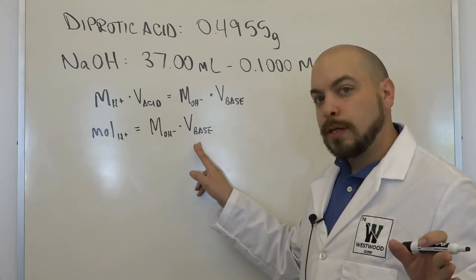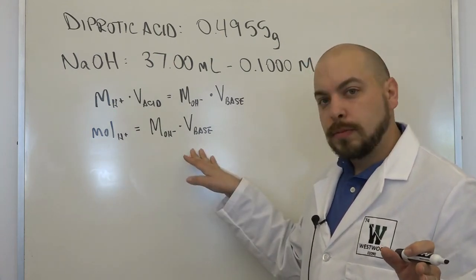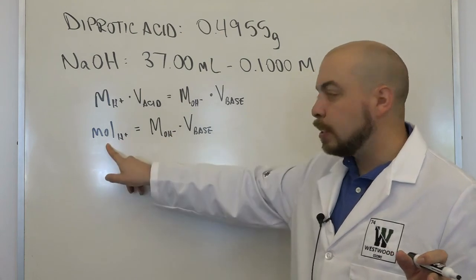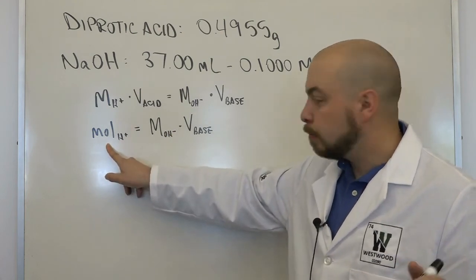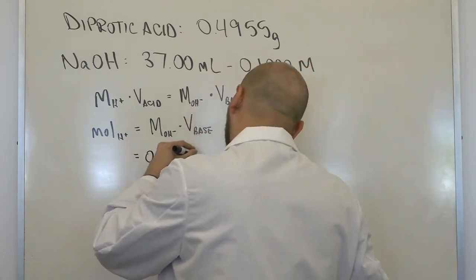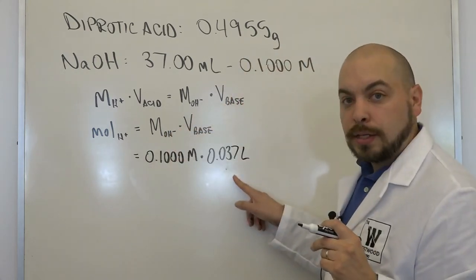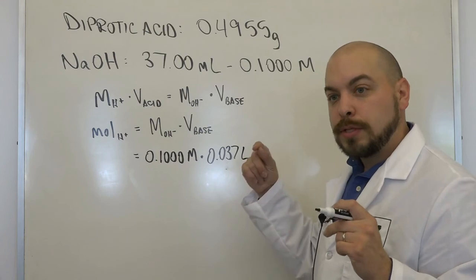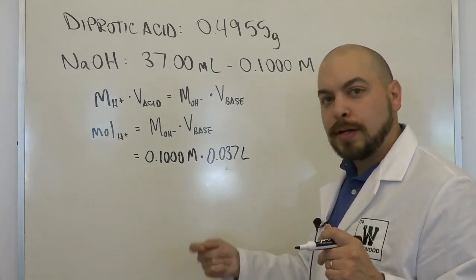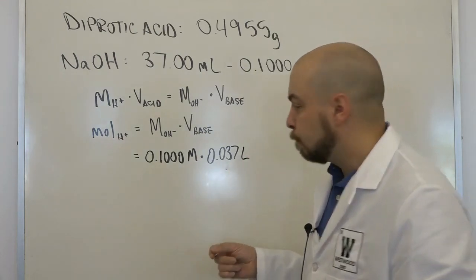Now, if we know this, then what we can solve for is the number of moles of H+ present. Which means that we have 0.0037 moles of H+.